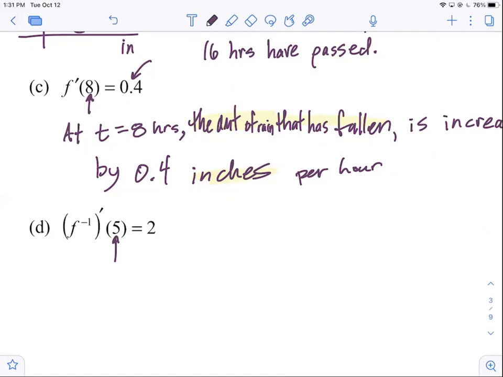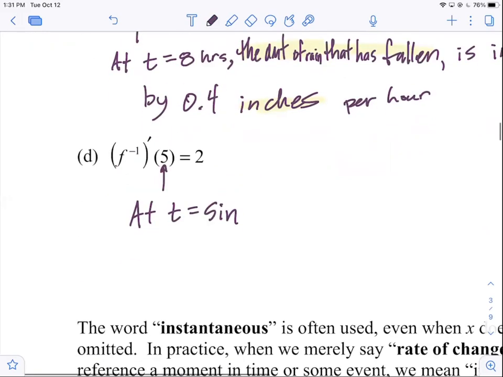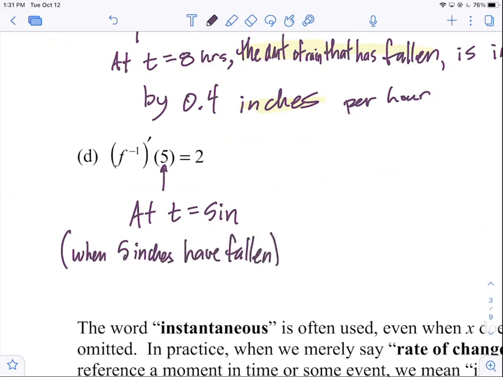All right. What are the units on 5? 5 inches. Okay. So how about at t equals 5 inches, which let's go ahead and dabble into the English arts here a little bit. When 5 inches have fallen, that's what that would be, right? Comma. This is the rate of change of F inverse.